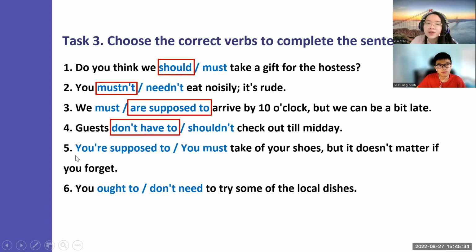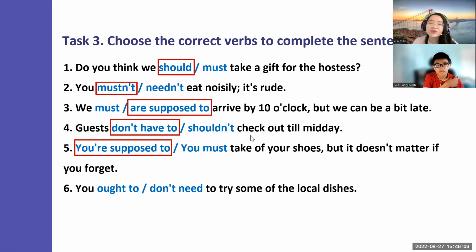Number 5, you are supposed to or you must. You are supposed to take off your shoes. That's right. So people believe that it's a good thing if you take off your shoes, but if you don't, it doesn't matter, right? Yes. But generally when there is a rule, you should follow it. Okay, don't become the only exception.